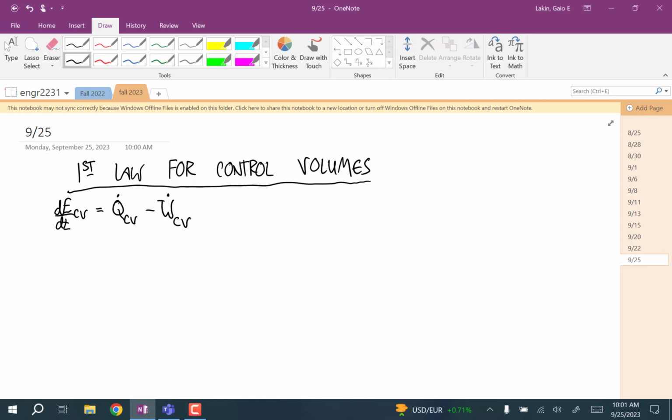So far everything looks familiar. And then there are two big terms that deal with the fact that fluid is flowing in and out. The first one at the inlet is m dot at the inlet times the quantity h_i plus V_i squared over 2 plus g z_i.